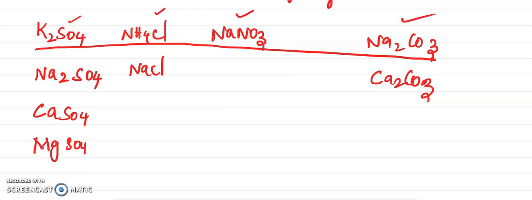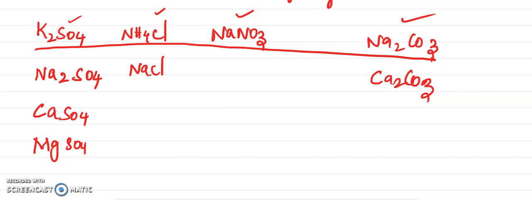If you see the first period, there are multiple salts, but I don't find any common radical. Whether acidic or basic radical, I don't find anything. Can you find anything common here? K2SO4, NH4Cl, NaNO3 and Na2CO3. No, there is no common radical.